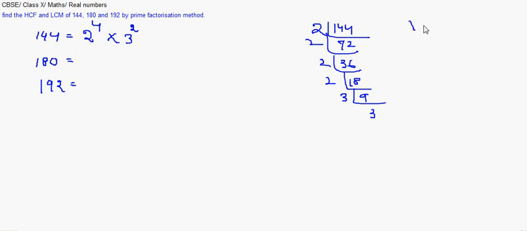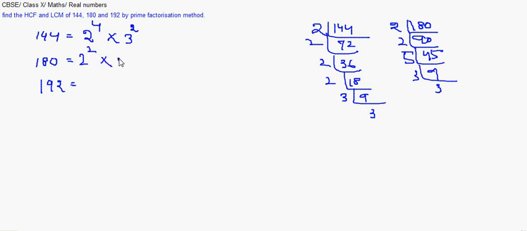For the second one, I divide it directly by 2, giving 90, then 2, 45, then 5, 9, and 3, and 3. So it is 2 to the power 2, with 3 to the power 2 and 5.